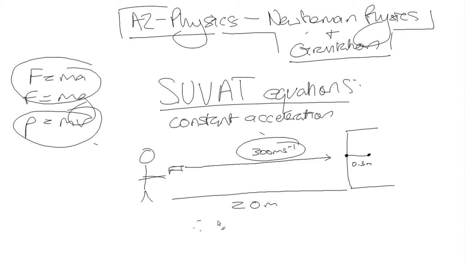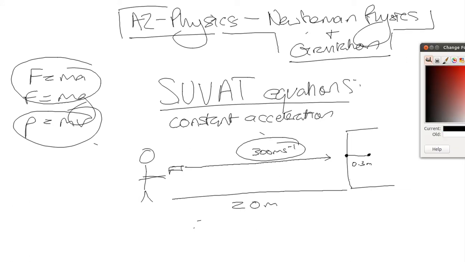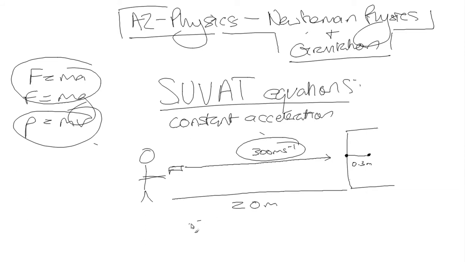speed over distance. At least, distance over speed. It's 20 over 300.